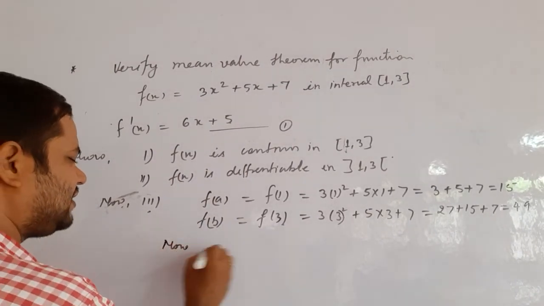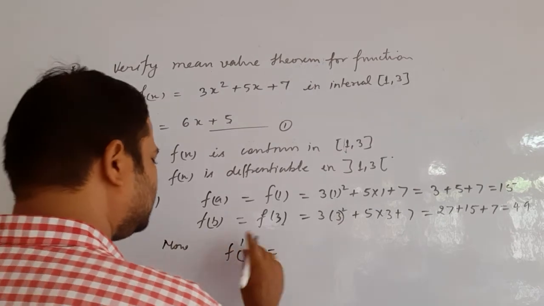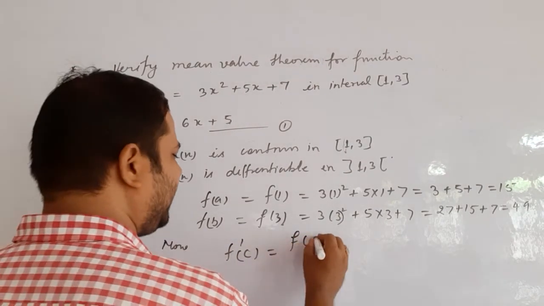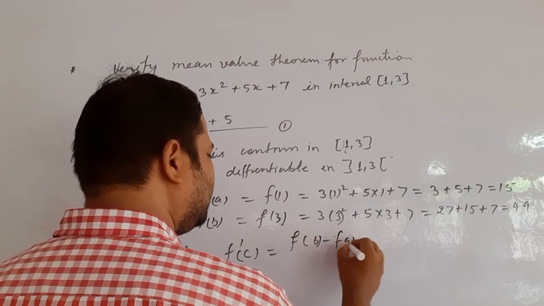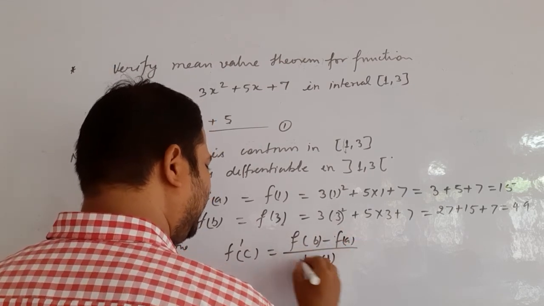Now f dash c is nothing but f(b) minus f(a) divided by b minus a.